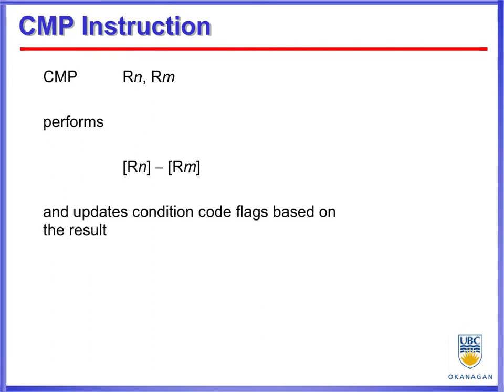So the negative bit in the processor status register will be set to a 1. So we can check any bit we want in the status register to see if one is bigger than the other, if it's positive, if it's negative, if it's 0, etc.